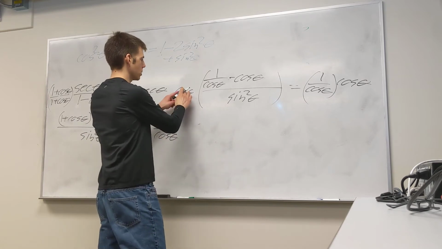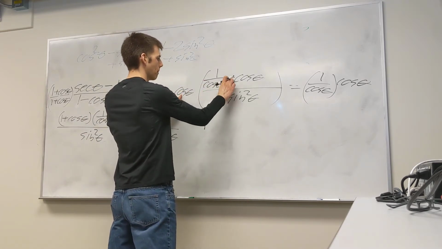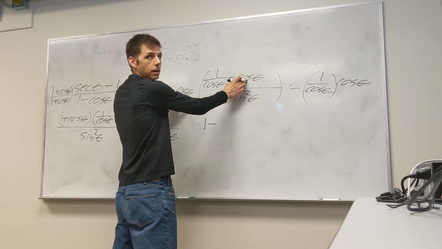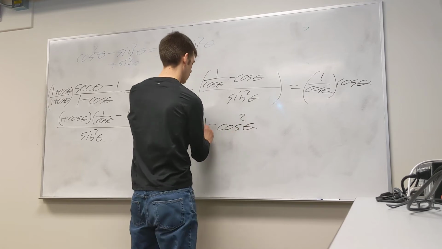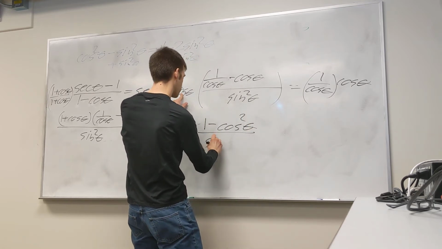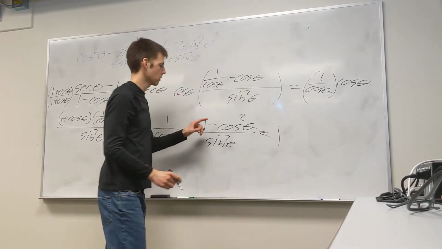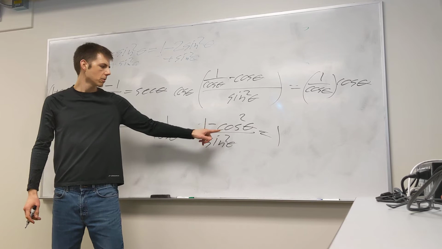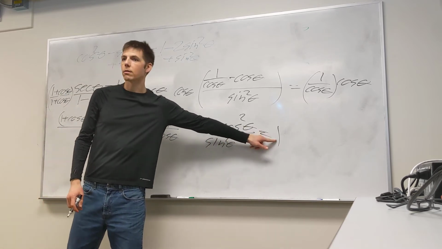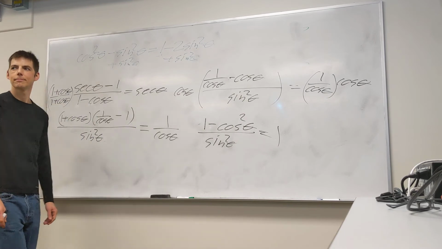So then I'm going to get cosine theta times 1 over cosine theta, which is 1, minus cosine times cosine, cosine squared, over sine squared theta equals 1. What is this on top? This could be sine squared theta. Sine squared theta over sine squared theta is 1, right? It's good. Good job, guys.